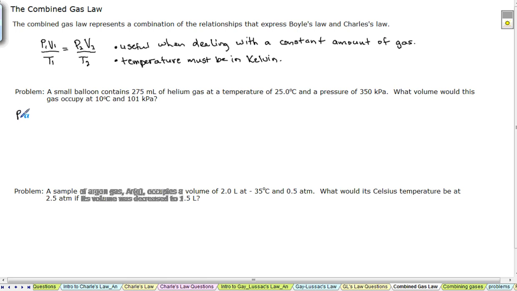So my initial pressure is 350 kPa. My initial volume is 275 milliliters. Now we don't have to change it to liters or anything like that, so don't worry. And my initial temperature is 25 degrees Celsius.